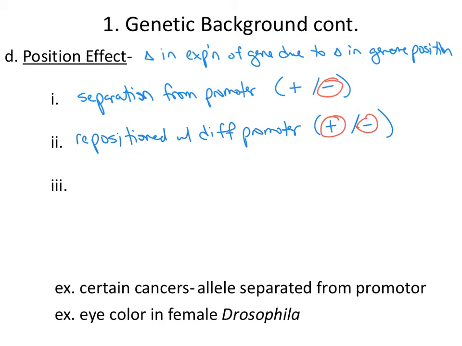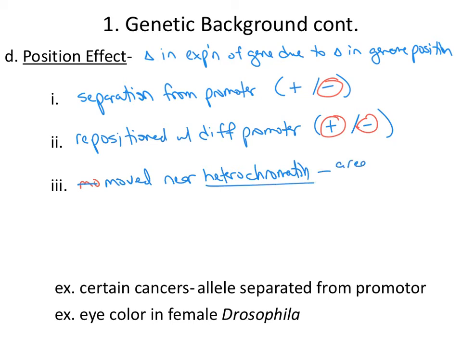Okay? Finally, you can have a gene moved. Oops, I forgot to change it back to blue. Let's keep this moved near what is called heterochromatin. So what is heterochromatin?